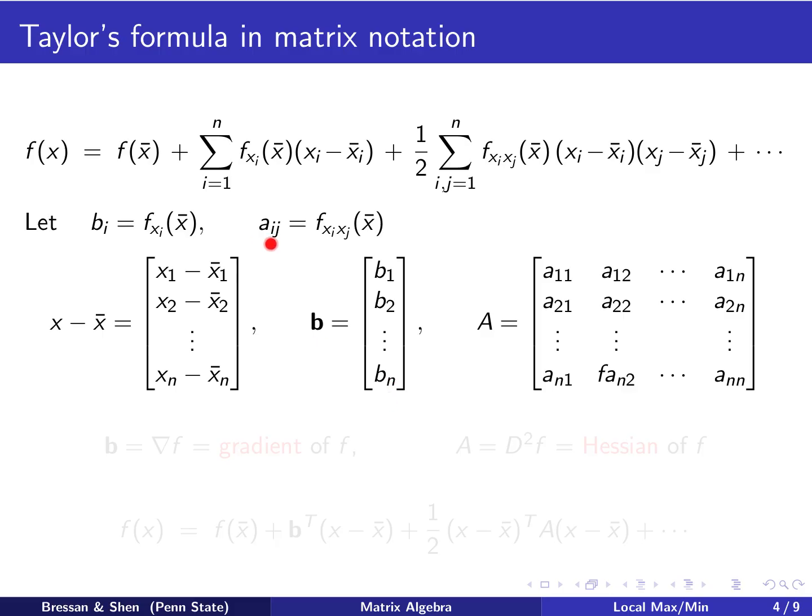And then the aij with double index: there are exactly n times n of them, and we can line them up in this way and form a matrix A. So in B, we are collecting all the first partial derivatives, and in A, we're collecting all the second partial derivatives.